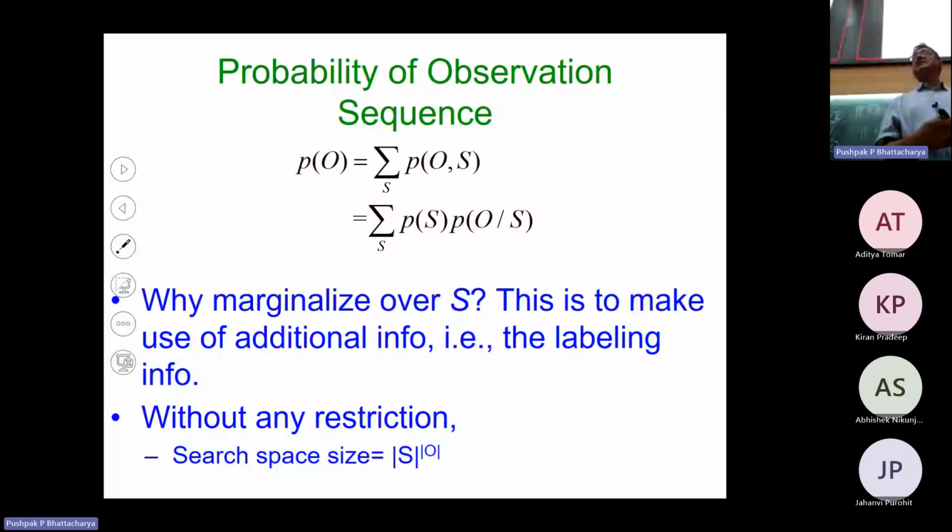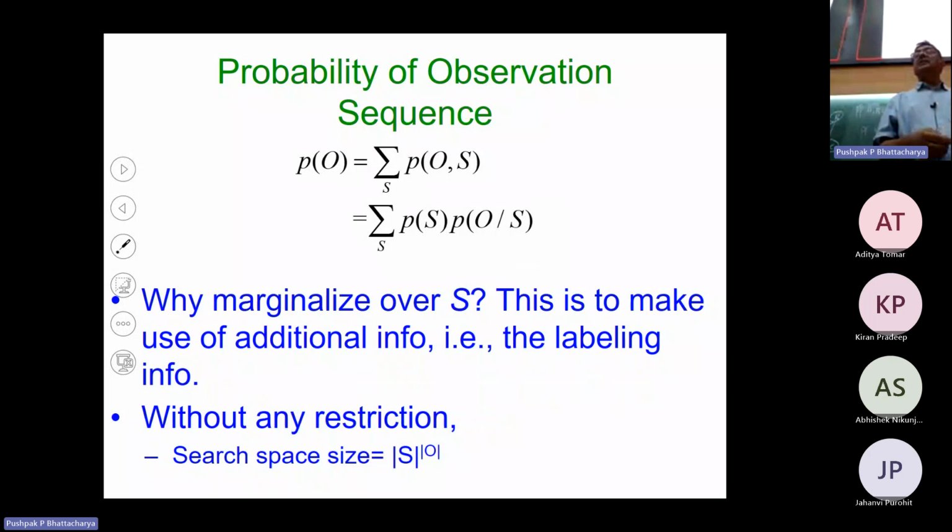And introduction of the state as a random variable is possible only by marginalization. So probability of the observation sequence will be equal to the summation over all possible states of the joint probability P(O, S). Now, P(O, S) can be divided as P(S) times P(O given S).